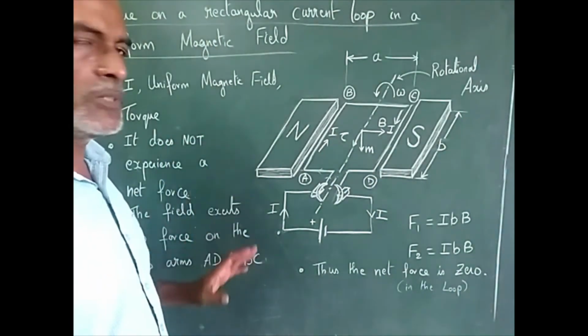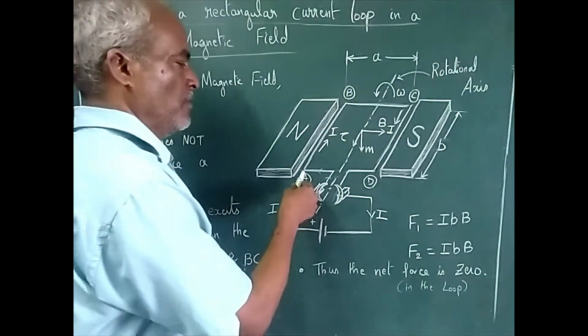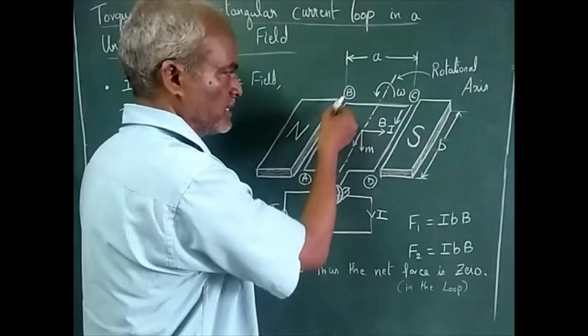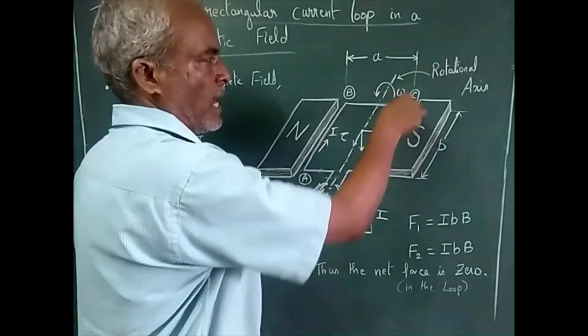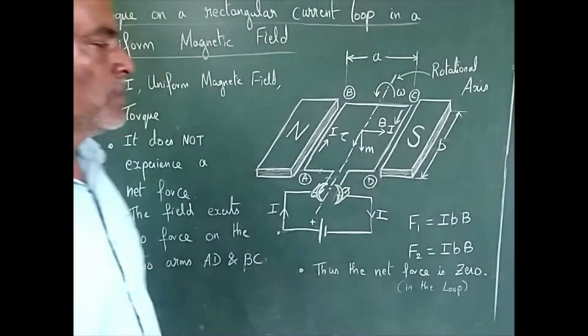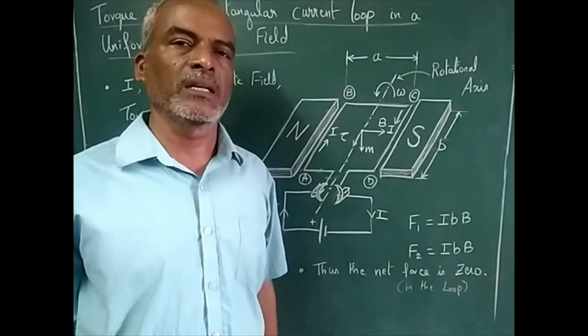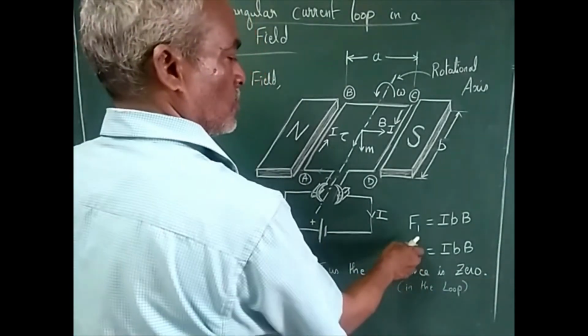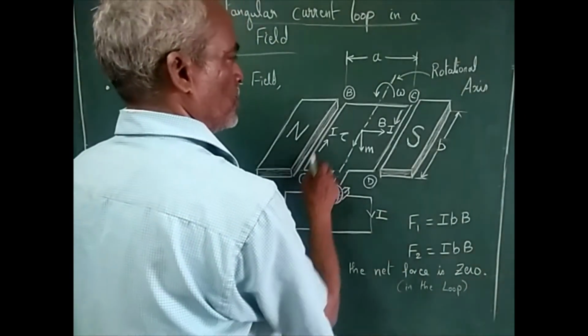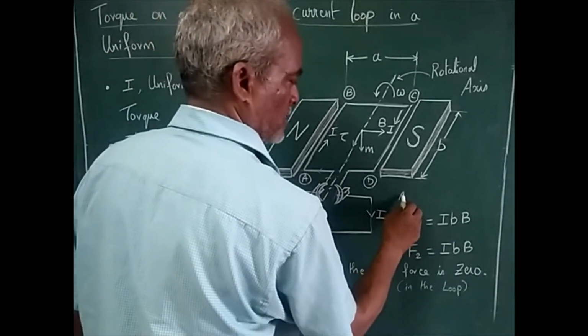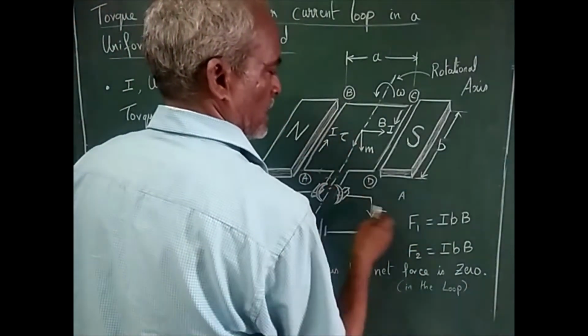The force is experienced only when the current moves from A to B and from C to D. You all know that the force is the current element multiplied by the magnetic flux density. So the force F1 is due to this length AB.